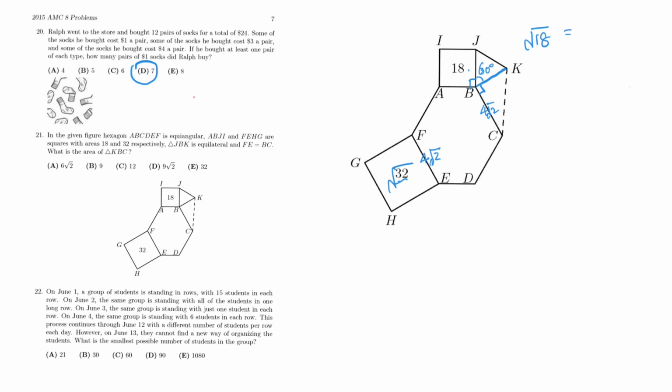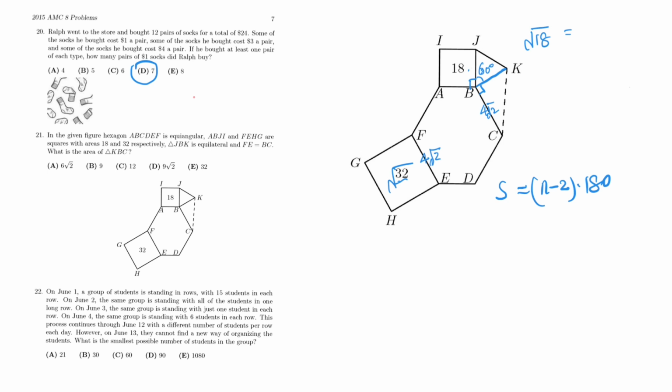JBA is 90. How about ABC? We know the sum of the interior angles of a polygon equals n minus 2 times 180.